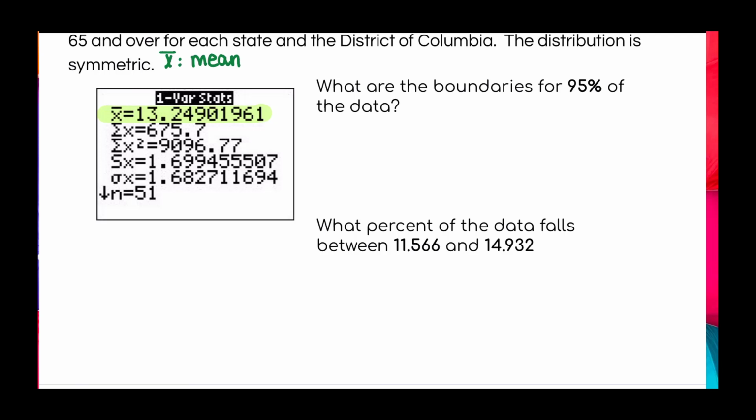And the other thing that we need for the formula is, in this case, the population standard deviation. So that notation, remember, is sigma for population standard deviation. That's right here. So you want to pull those off the screen first. And this is what are the boundaries for 95% of the data.